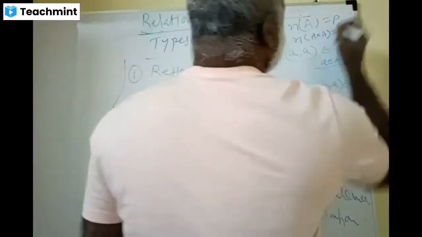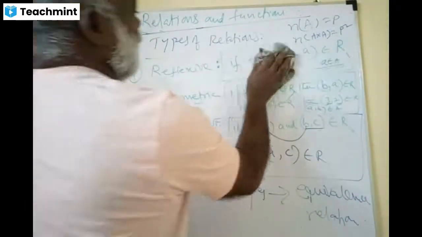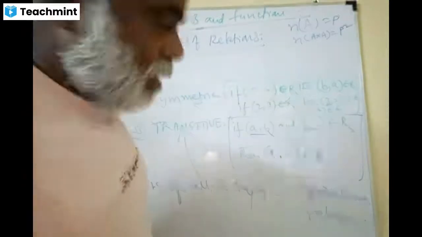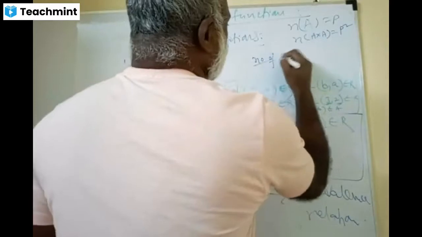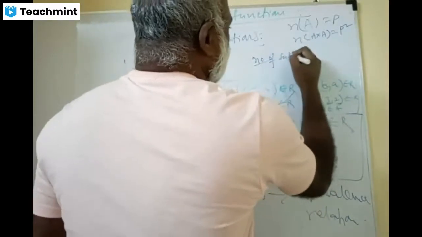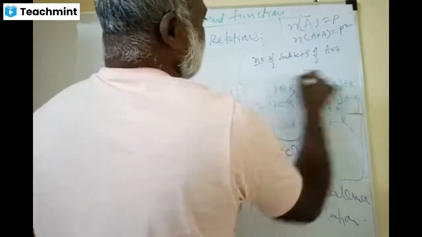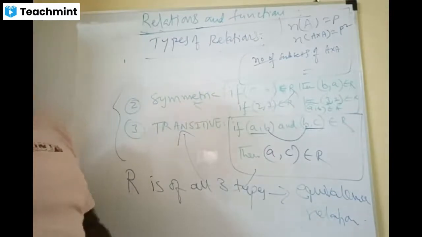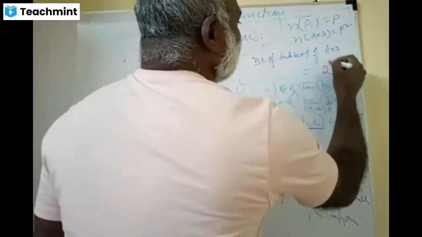P square, right? Then, at the same time, please tell me the number of subsets of A cross A. Who will answer this? Yes, Arpit. 2 power p square, sir. 2 power p square.